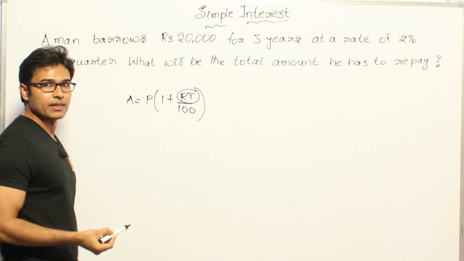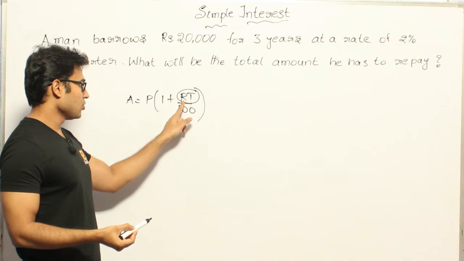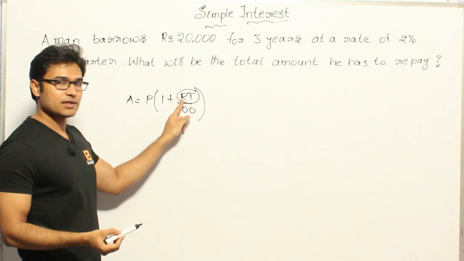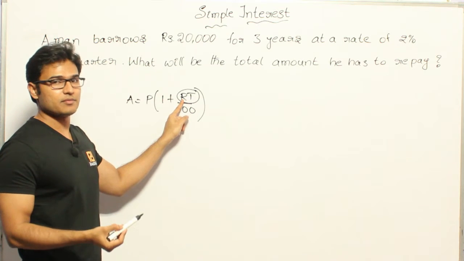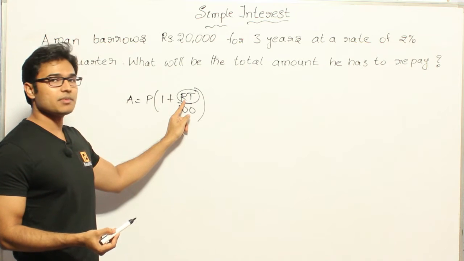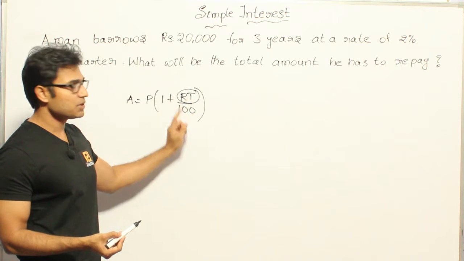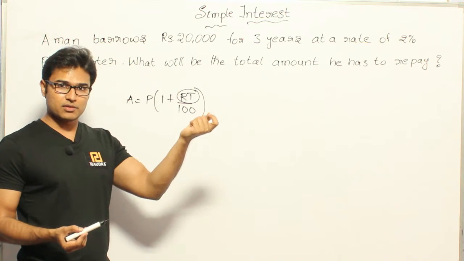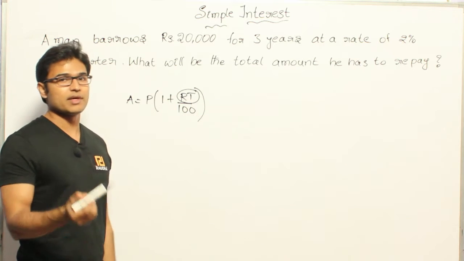In order to find this RT, both of them have to be in the same units, which means if the rate is given as interest per annum, then the time has to be in years. If the rate is given as interest per quarter, then the time has to be in quarters, right? Or you can convert them vice versa, so that you get them to the same baseline.